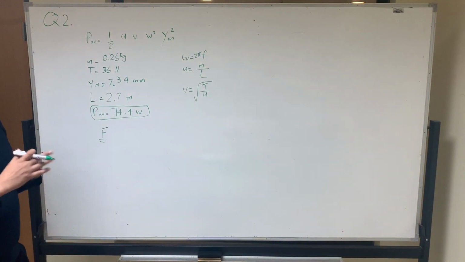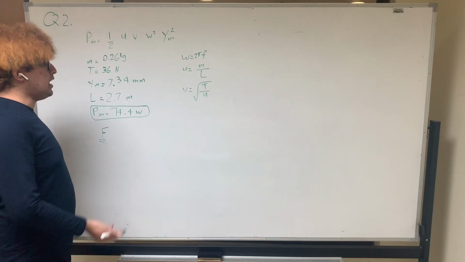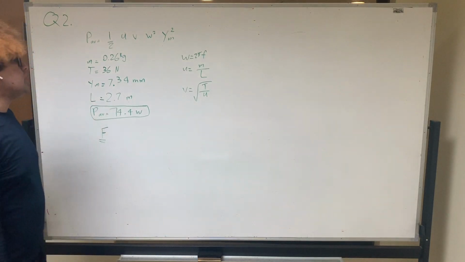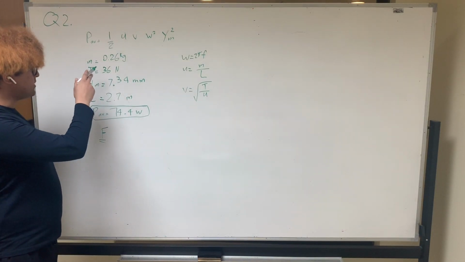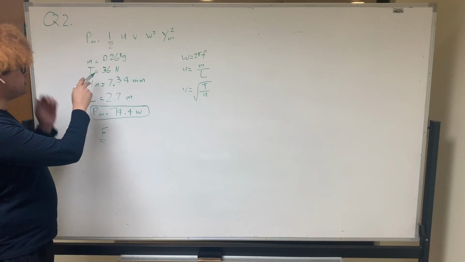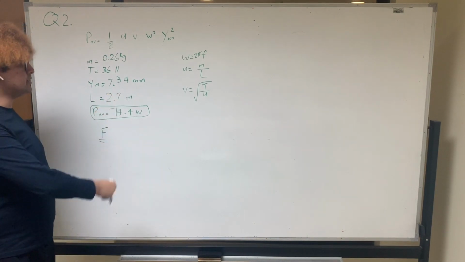First things first, you list your givens. Unlike the first problem, in this problem we have so many givens. The mass of the string is this, and we're given a tension of 36 newtons, and we're given the amplitude in millimeters.